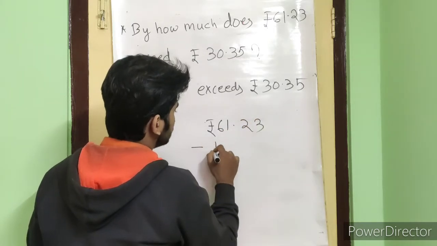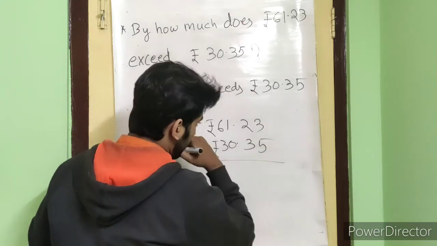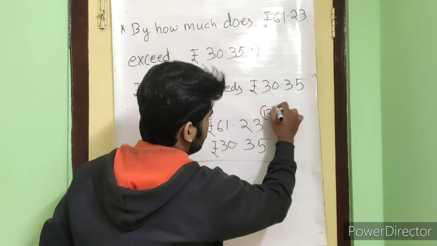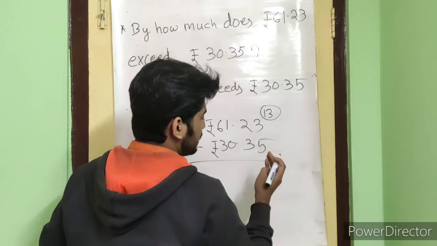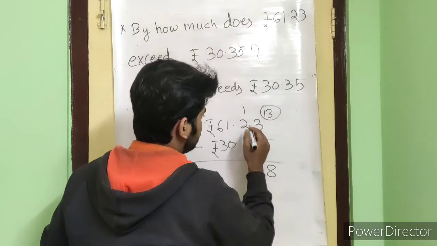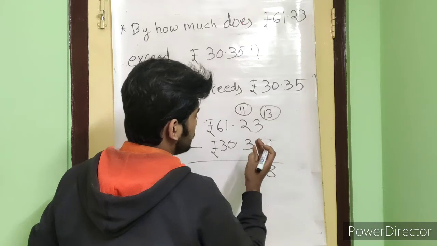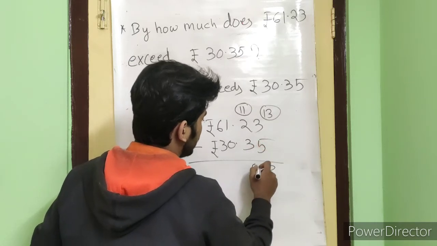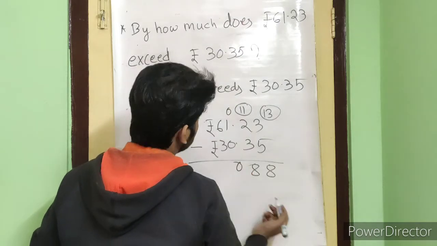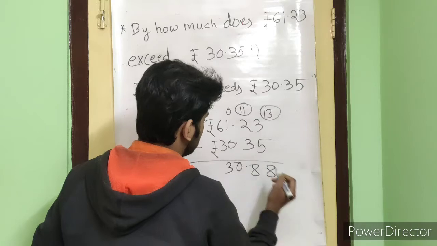61.23 minus rupees 30.35, okay? Now what we need to do, 13 minus 5, it will be 8, and 1 will become 11, and 11 minus 3 is 8. So it will be 0, so 0 minus 0 is 0, and 6 minus 3 is 3.